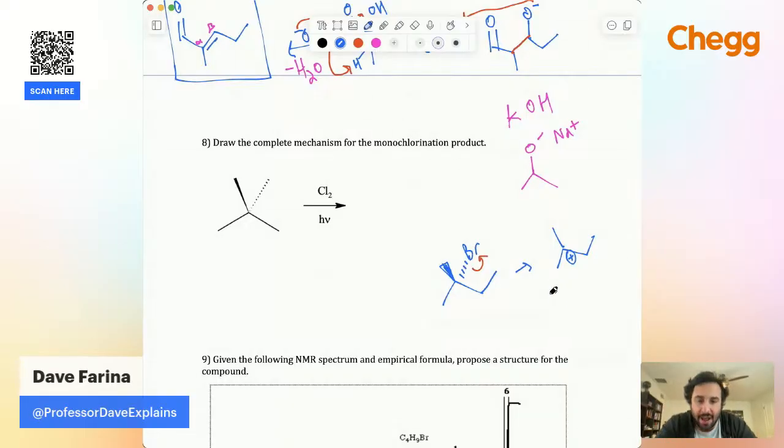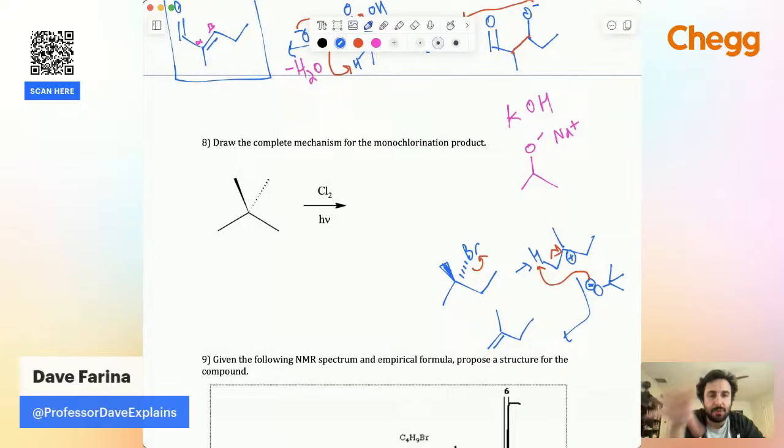If you have tert-butoxide, let's say, then the discrepancy in activation energy is significant enough to pretty much exclusively promote the Hofmann product. So the bulkier the base, the more likely you're going to go Hofmann.